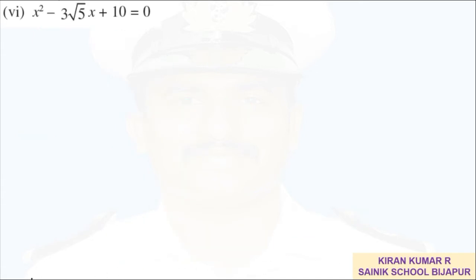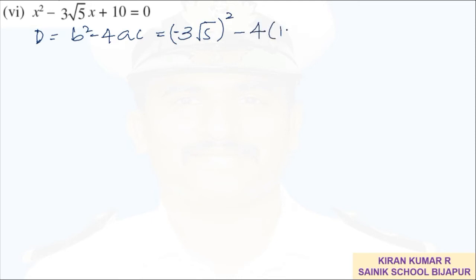Sixth sub question: x square minus 3 root 5 x plus 10 equal to 0. Value of discriminant is b square minus 4ac. Substitute, be careful while substituting. This is negative 3 root 5 whole square minus 4 times 1 into 10.